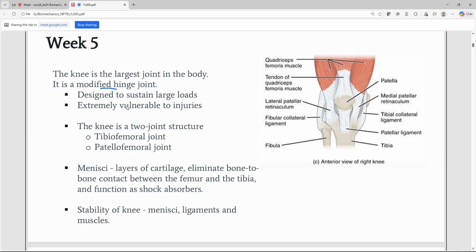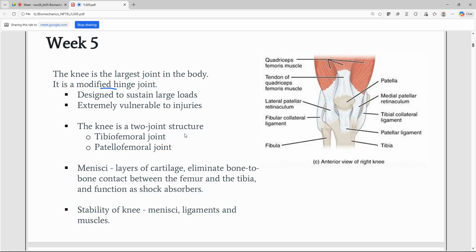And because of the difference in body shape, that is, the lower part of the knee is very small compared to the upper part, it is very vulnerable to injuries.